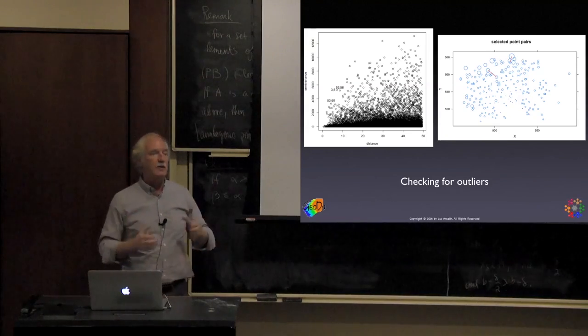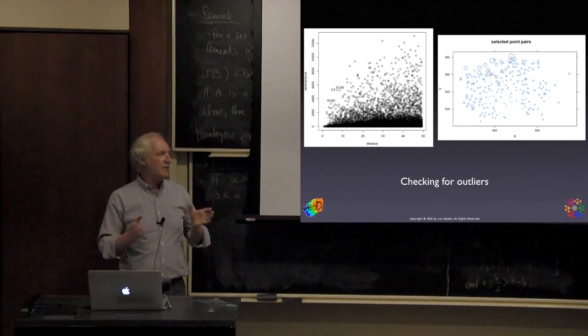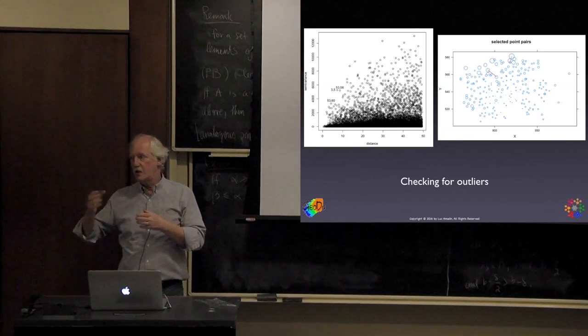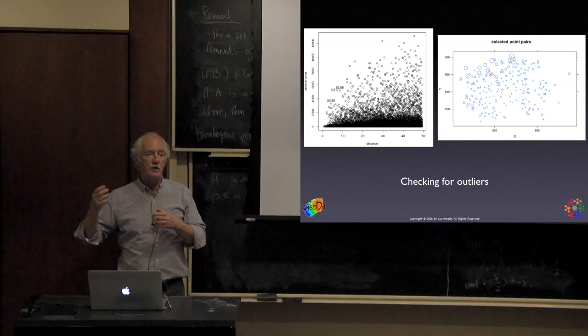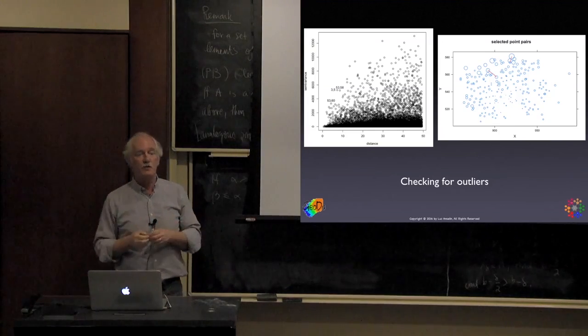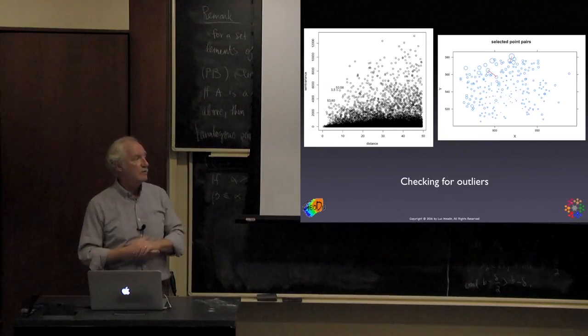And so then the question is, if we're trying to estimate a surface and we have this one measurement station that gives us very different measures, should we keep it in or kick it out? That's always the decision you have to make with outliers. Do you keep them in or do you kick them out, right?